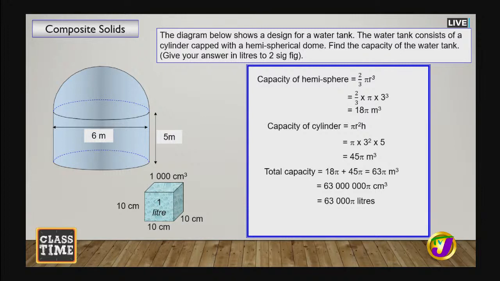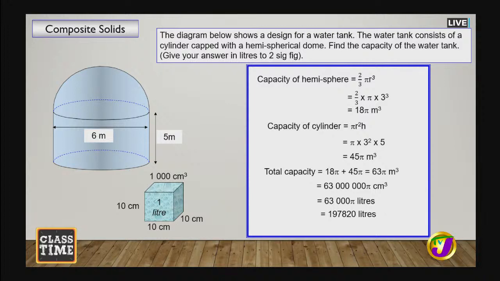Notice that we're asked to give it to 2 significant figures, and we haven't applied pi yet. So we'll multiply that 63,000 by 3.14 as we had done previously, and we will get 197,820 liters.